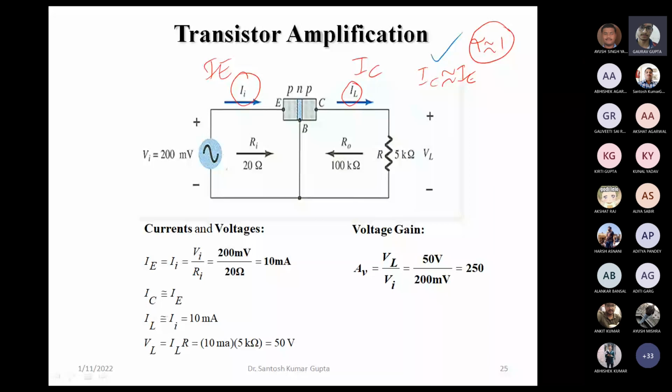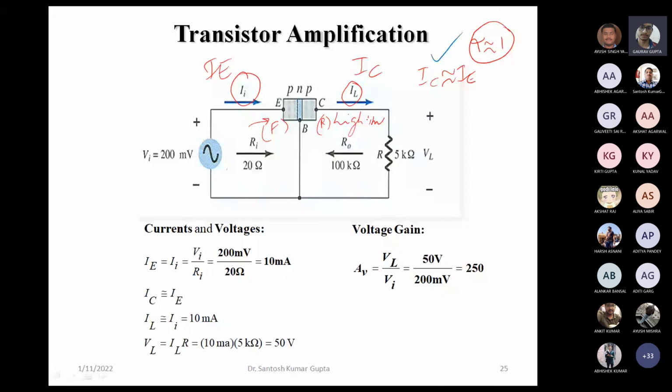The input side, the emitter base junction, is forward biased, and the collector base junction is reverse biased. Reverse bias gives a high impedance, and forward bias gives a low impedance.